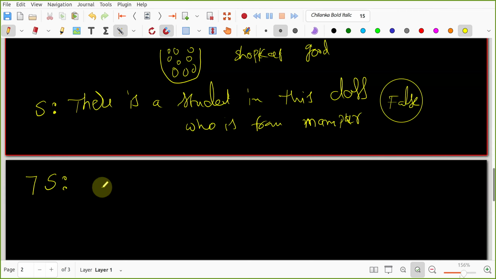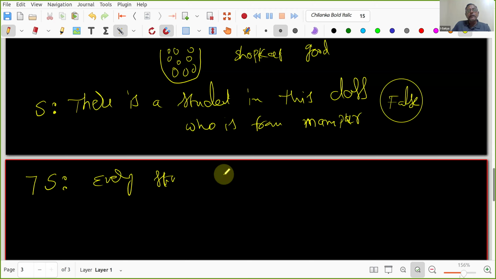For every student in this class, they are not from Manipur. Yeah, okay. So every student in this class is not from Manipur.